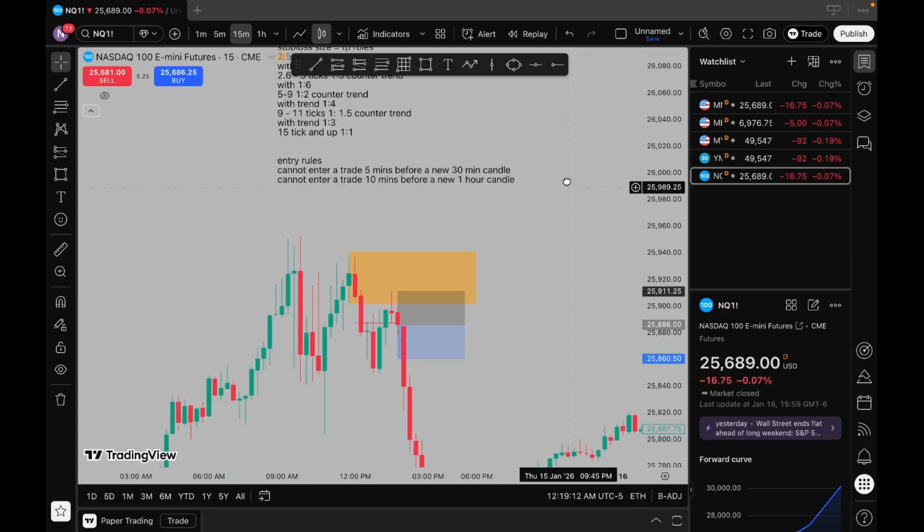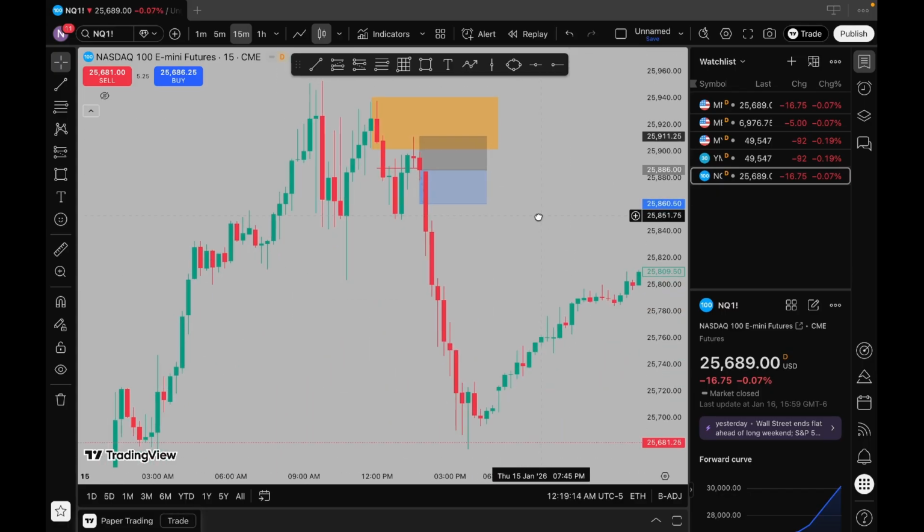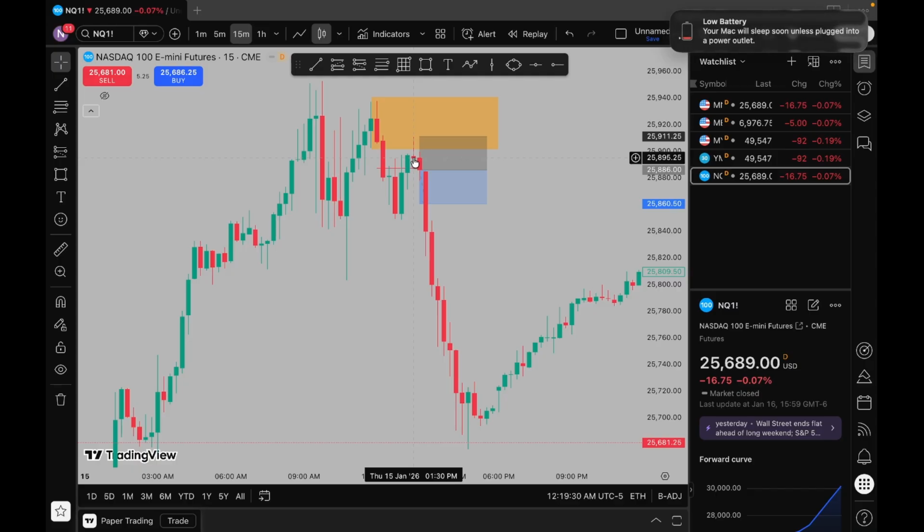Okay. What I mean by that is, let's say this candle entered. This is actually a perfect example. You see this candle, it entered and then it closed. But you cannot enter this trade because it is 130. This candle entered this supply zone at 130.